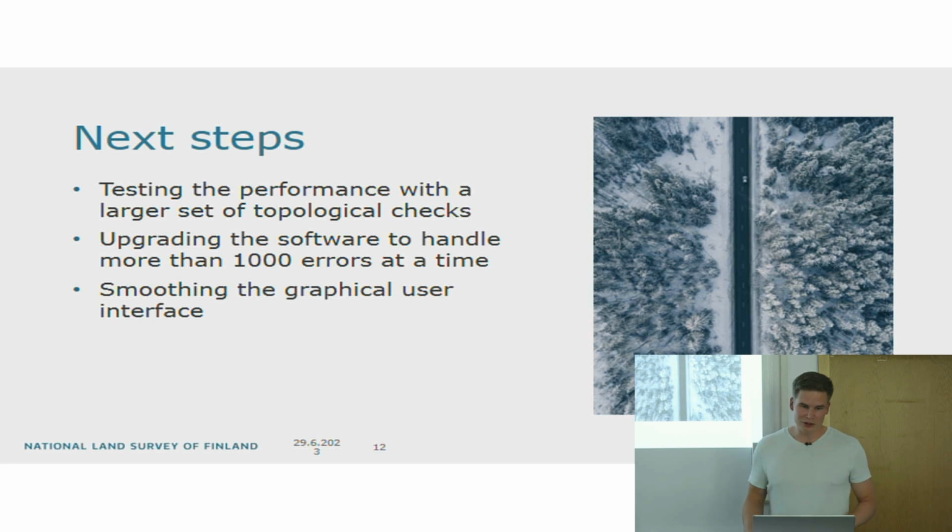So basically we will see how it really works in action, how fast it is and so forth. And upgrading the software to handle more than 1,000 errors at the time. Or smoothing the graphical user interface, which is a common problem, I guess, for this kind of tools.